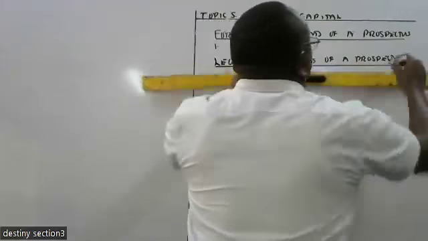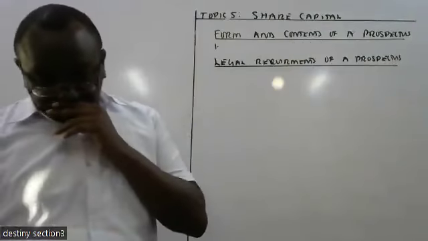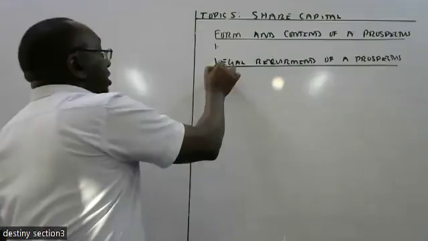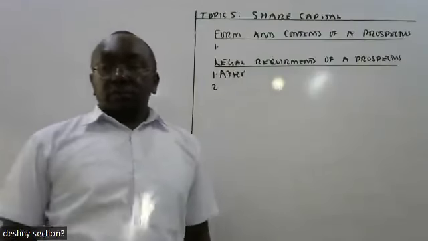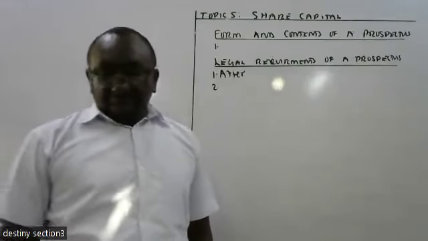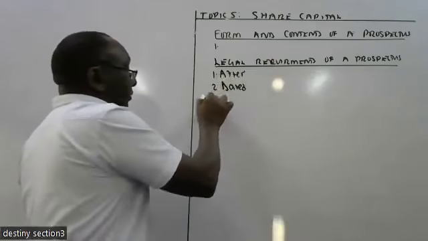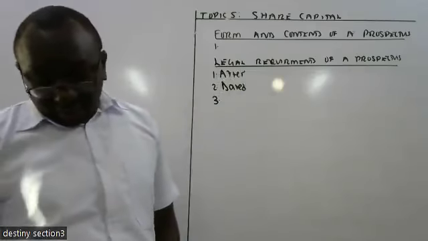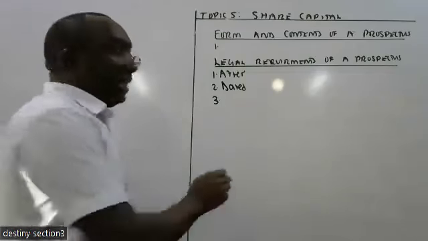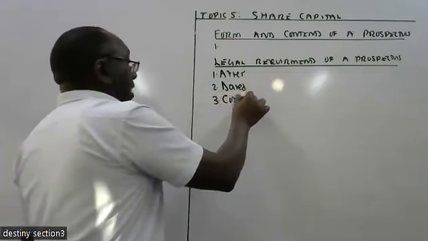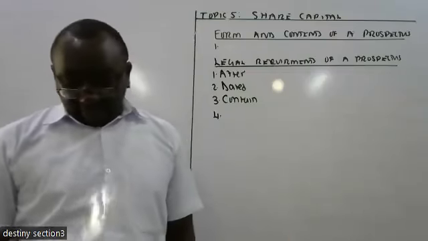One, it can only be issued after incorporation. Number 2, it must be dated. Number 3, it must contain the prescribed contents.